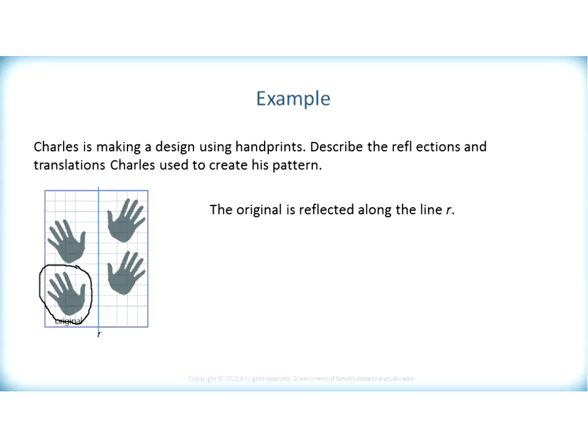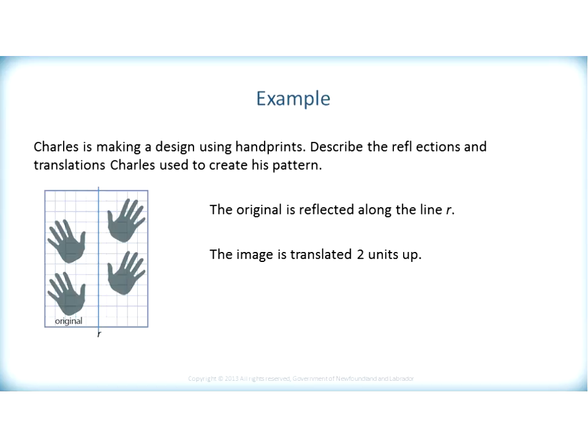If I take this handprint and I reflect this, I'm going to end up with a hand that's over here. Now, clearly my hand is not directly beside the original. What happened to make it not right side by side, but it seems to be up a little bit? Well, I've not only reflected it, but I've also translated it 2 units up.